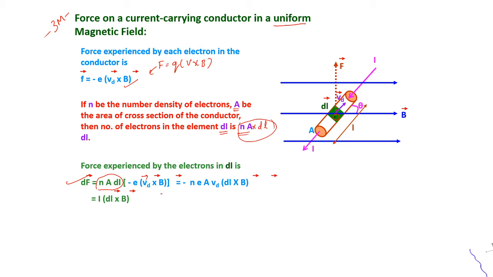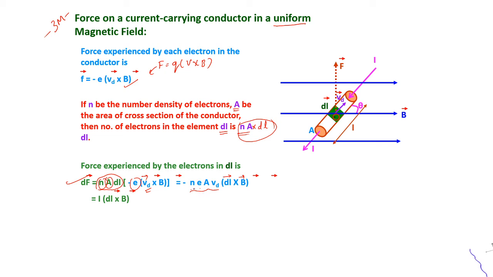So I will rewrite it. So nA Vd, so write it, and dl cross B. Here dl is the length vector. We are going to consider the length vector. The direction of the length vector is along the direction of current. In which direction the current is there? That is the direction of length element dl.